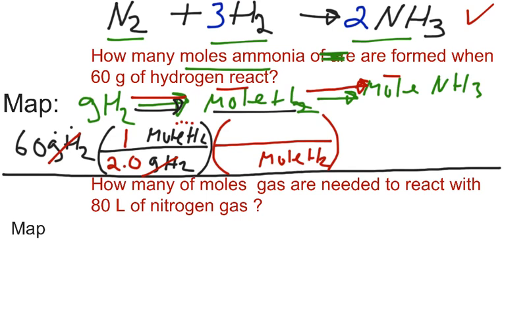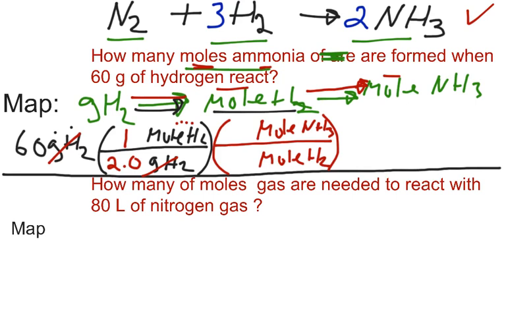So we put our moles of hydrogen in the bottom. We are looking for moles of ammonia in the top. Okay, so we're going to put that in the top. So moles of NH3 goes in the top. All right. And in a mole-to-mole problem, we need our coefficients. Okay, for mole-to-mole problems, we need a balanced equation. We need the coefficients from the balanced equation.